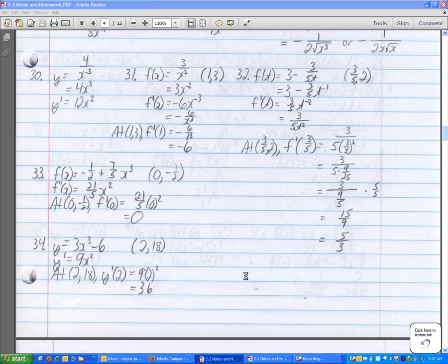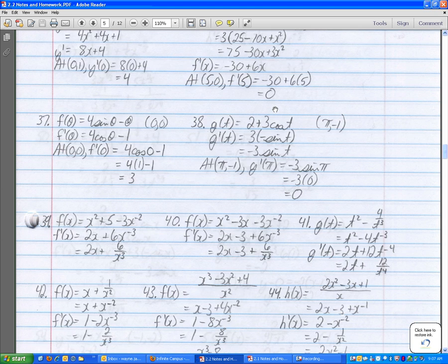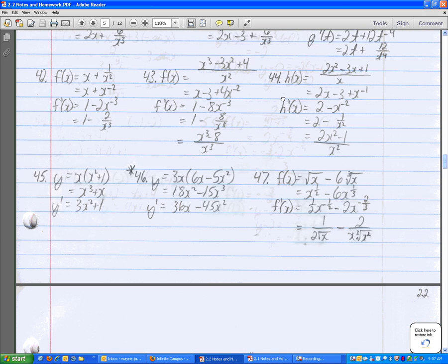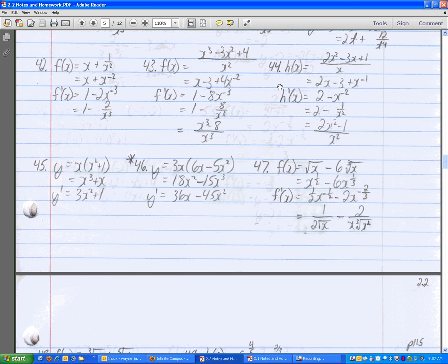All right, let's look at 43. All right, on 43, you got to do something that you've forgotten you're able to do, which is to treat a division problem as a division problem. Because we always say x cubed minus 3x squared plus 4 over x squared. That's what we say. But what does over really mean?